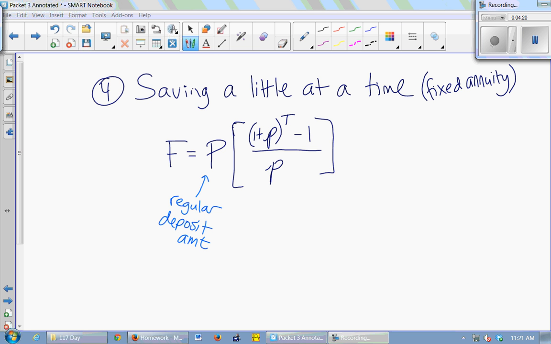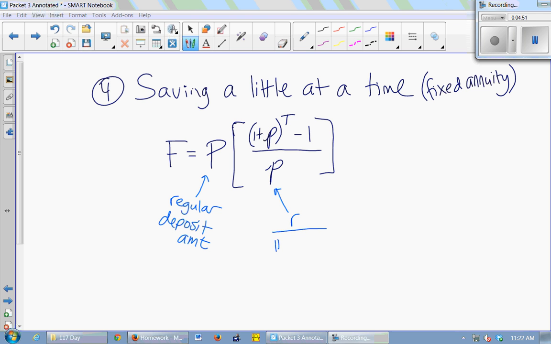So in this formula, that capital P is the amount you're setting aside regularly. So if you're going to try to save $200 a month, that capital P would be 200. Little p is called your periodic interest rate, which is your interest rate divided by the number of times you're making this payment per year, which is often 12, right? If you're saving monthly, this would be a 12.